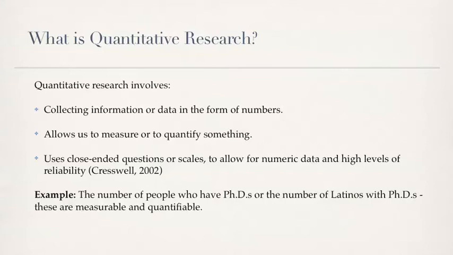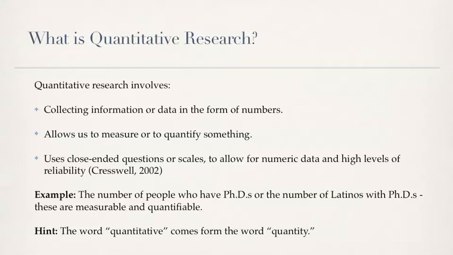As an example, if you wanted to look at the number of people who have PhDs or the number of Latinos with PhDs, you might use quantitative data. These are measurable and quantifiable questions. And a hint there is quantitative comes from the word quantity. So you're looking at numbers, percentages, averages.